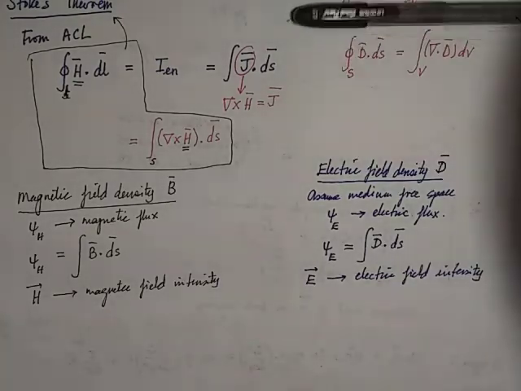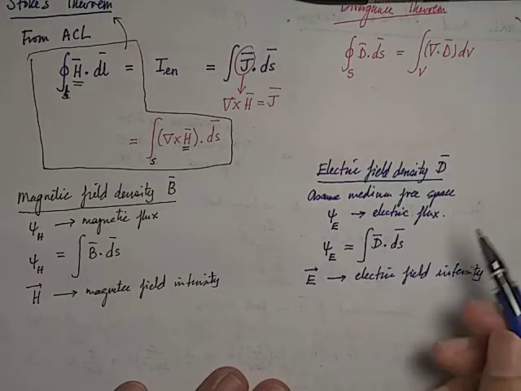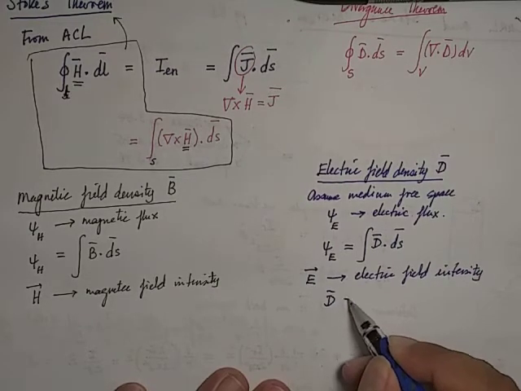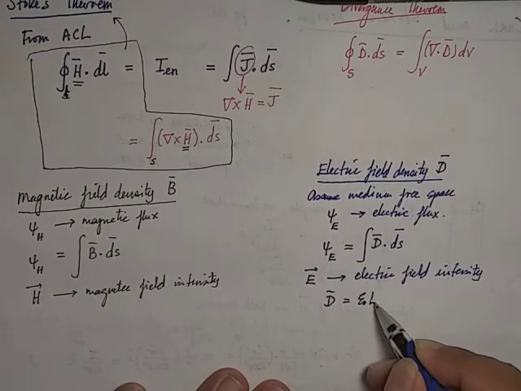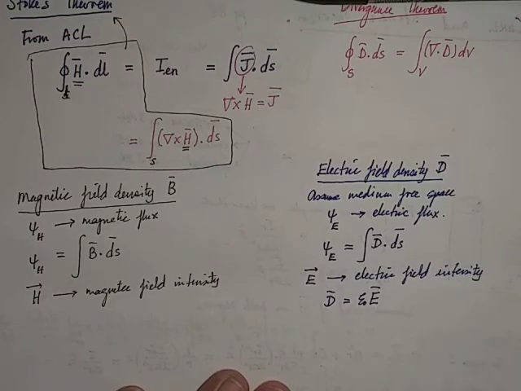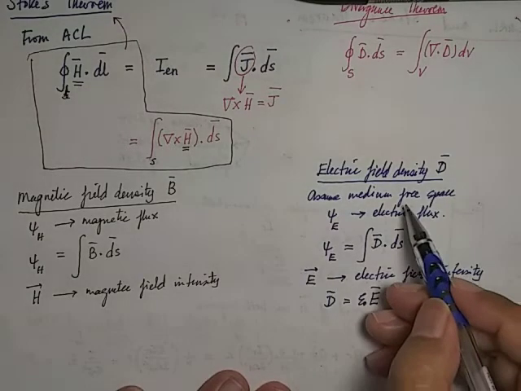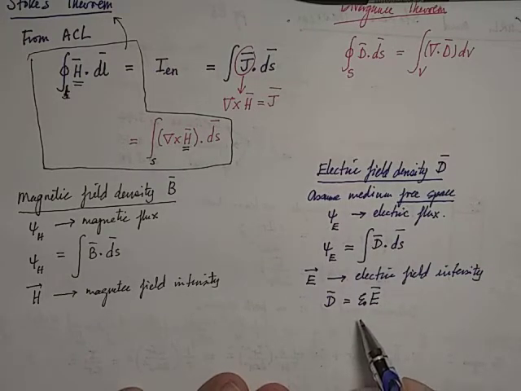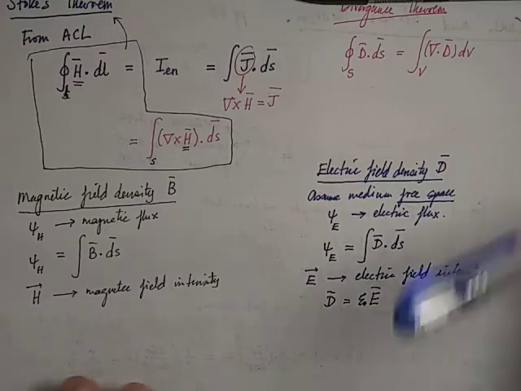Okay, why? Because we can relate D and E by D equal to epsilon naught E, because we are still in the medium of free space. And this epsilon naught is known as the permittivity of free space.